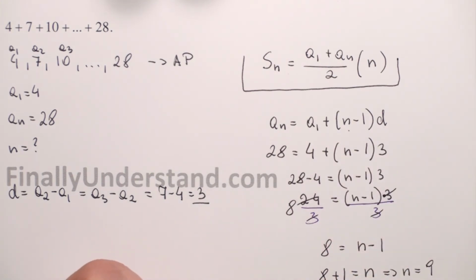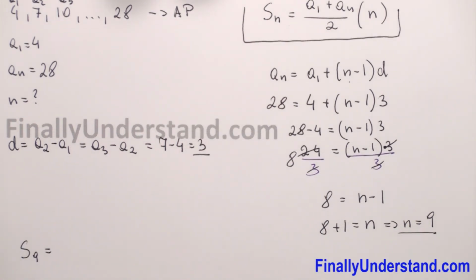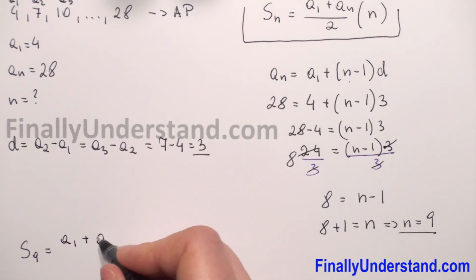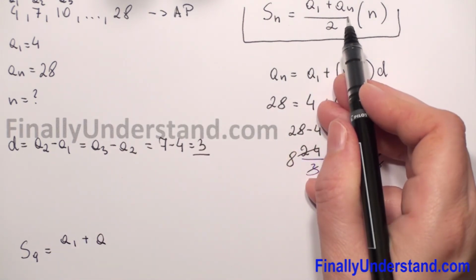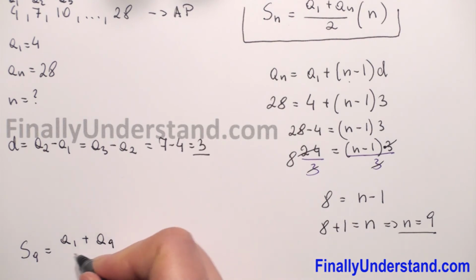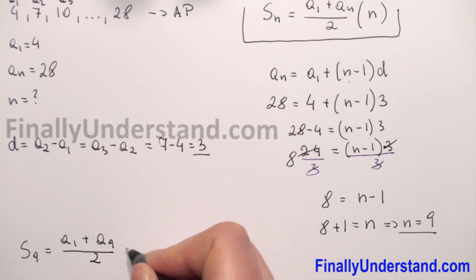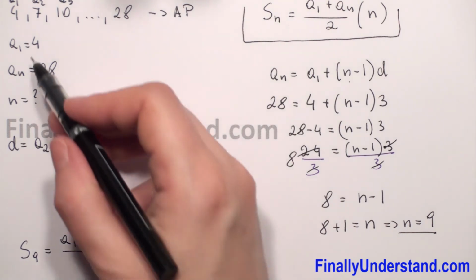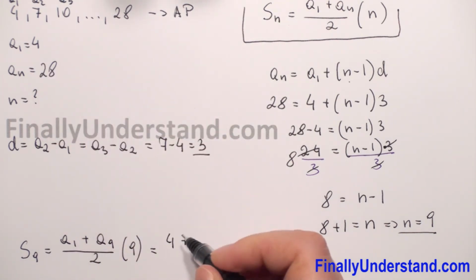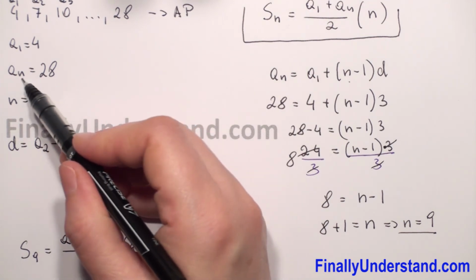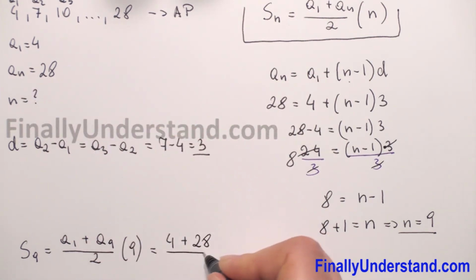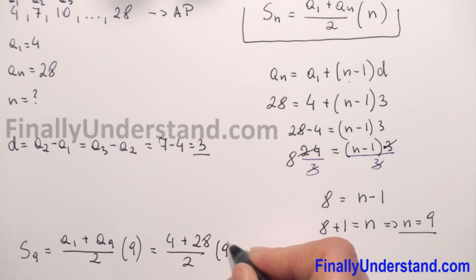So we have S9 is equal to a1 plus a9 over 2 times 9. So this is equal to a1, which is 4, plus a9, which is 28, over 2 times 9.